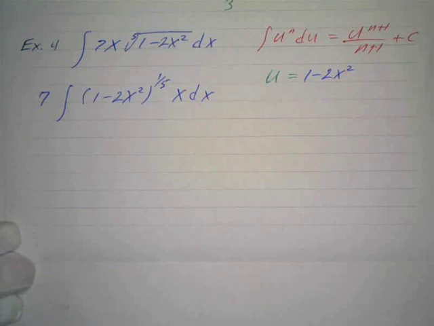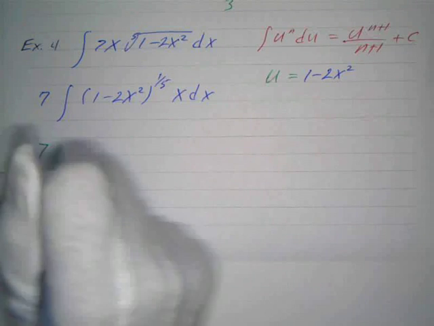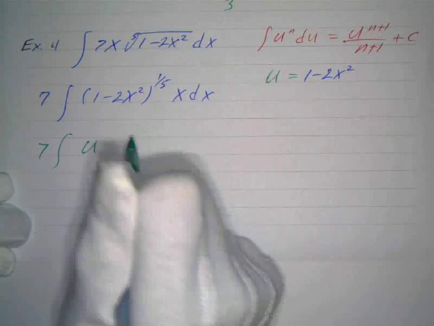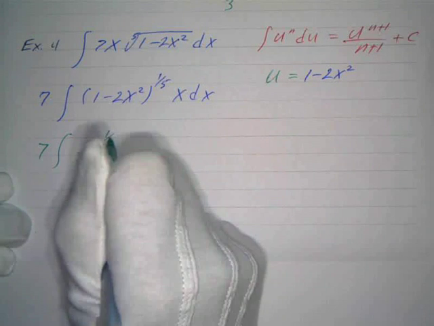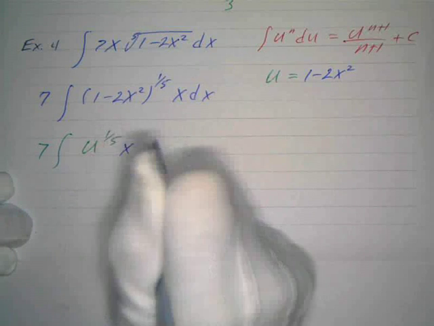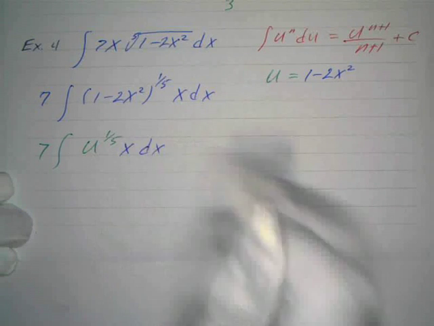Then we rewrite this as u to the 1/5, and everything else stays the same, dx.